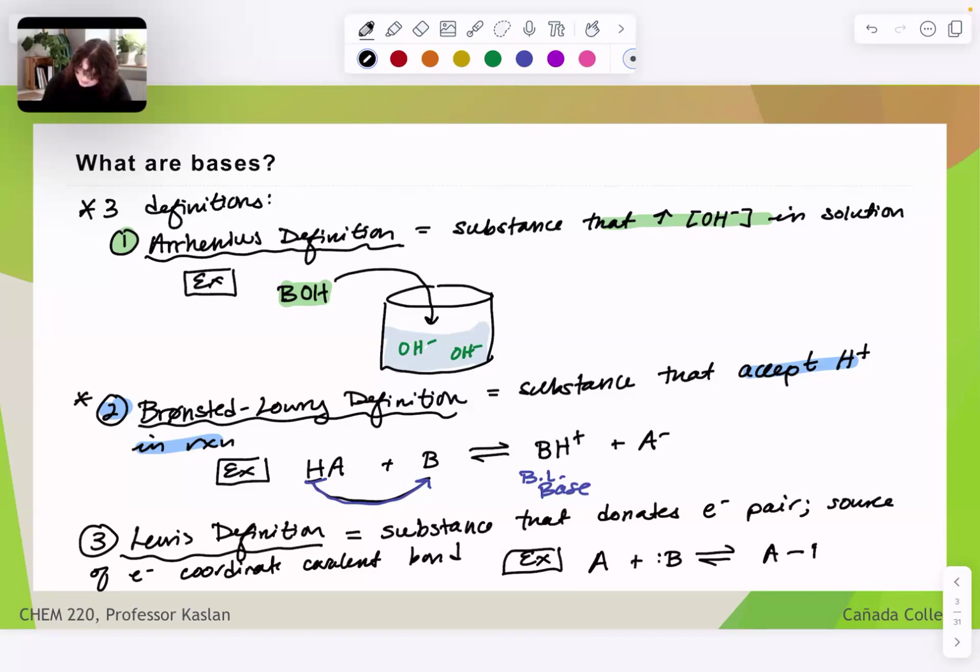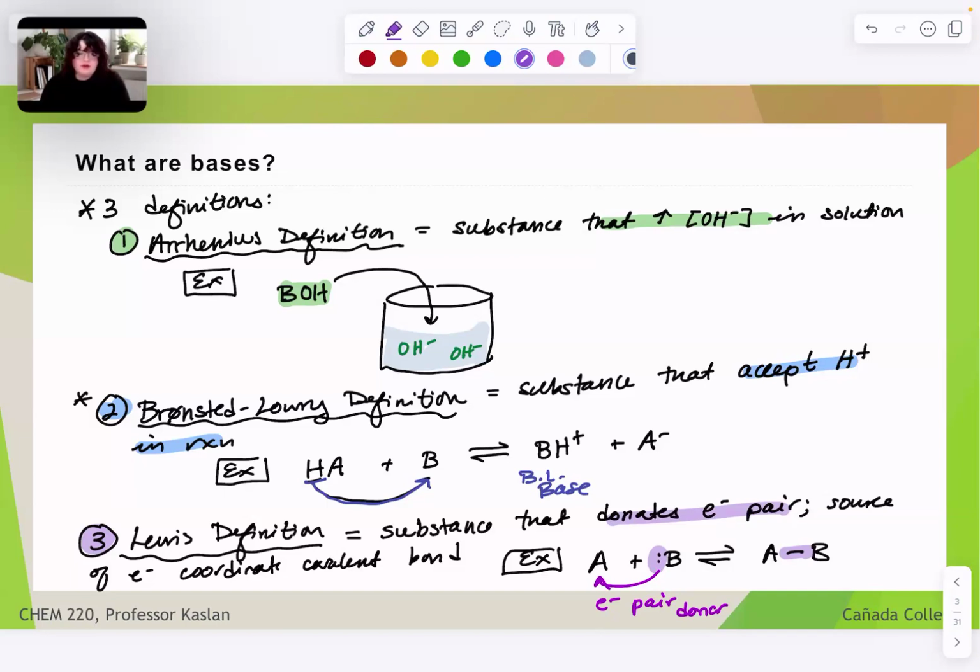So again, in our example, we had something like A reacting with B that had an electron pair to form now A bonded to B. Because B is the electron pair donor, it's the source of that electron pair that is what makes up this covalent bond between A and B. This would make it a Lewis base.